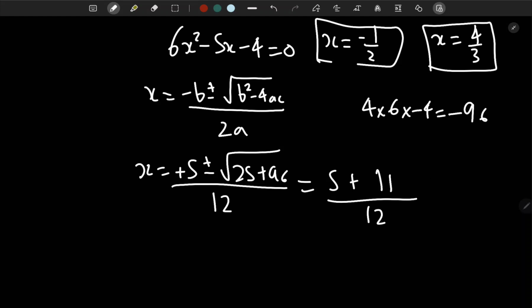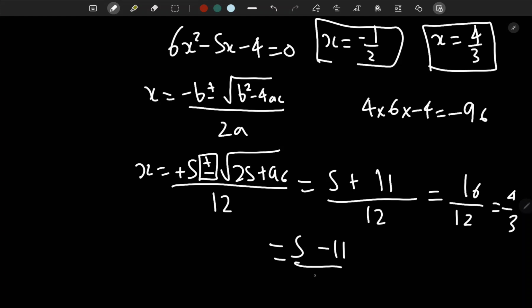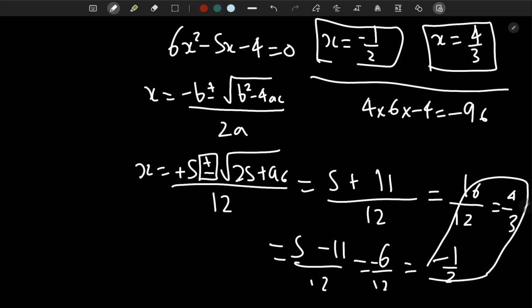So 16 over 12 is 4 over 3. So one of our answers is correct. Now do the same steps, but with the minus sign, since there is plus minus here. So 5 minus 11 over 12. So this will be minus 6 over 12, and that is minus 1 over 2. So now we verified our answers that they are correct.